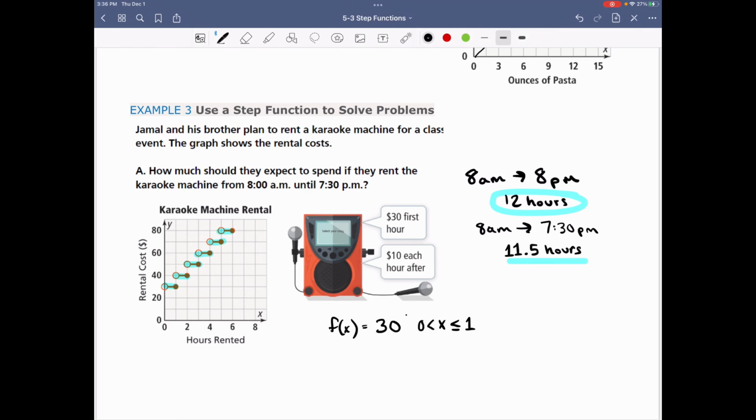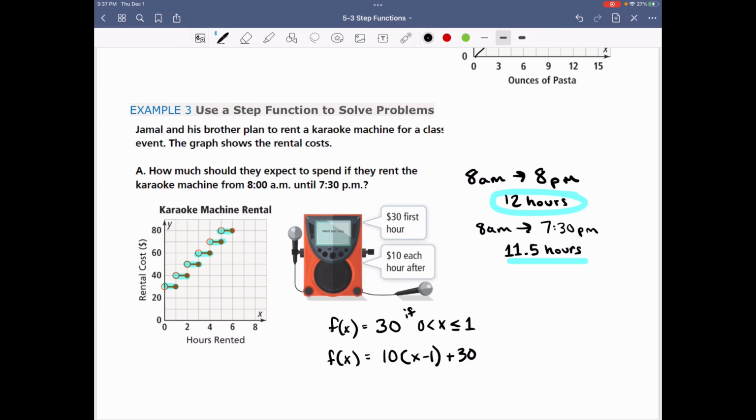Then f of x is equal to 10, and I think we're going to write it as x minus 1 because we're not going to include the first hour, and then we're going to add 30 to that.